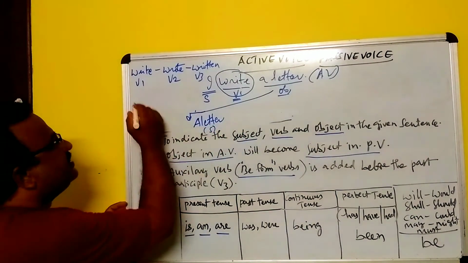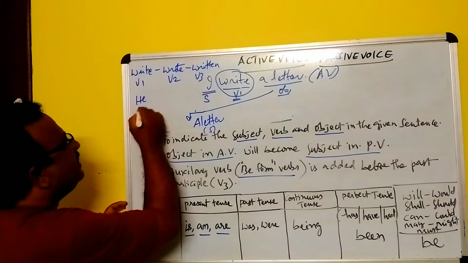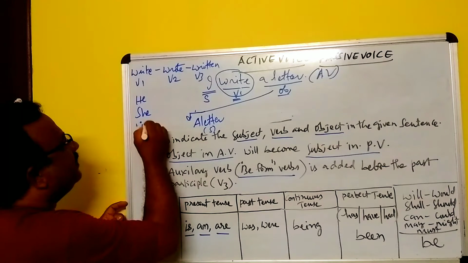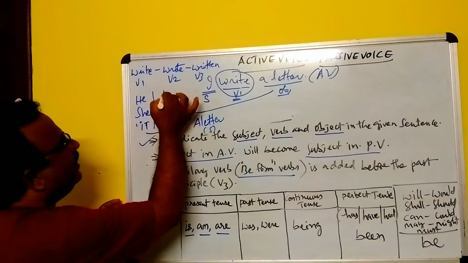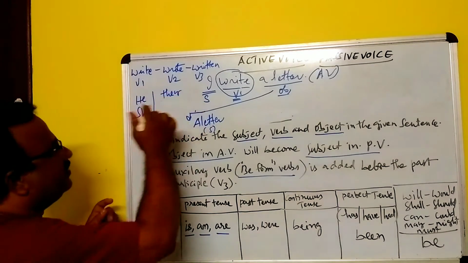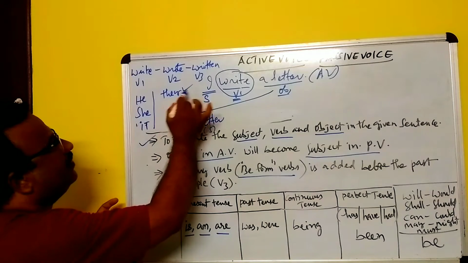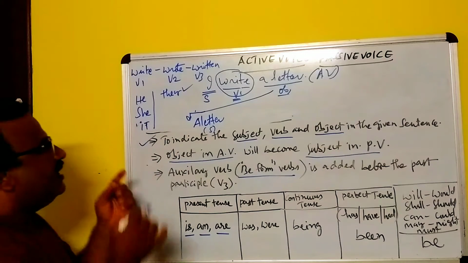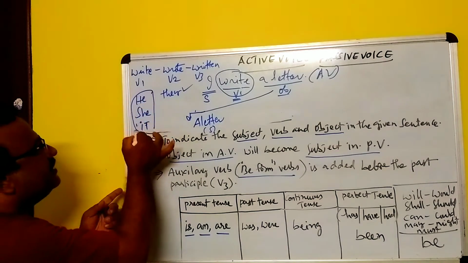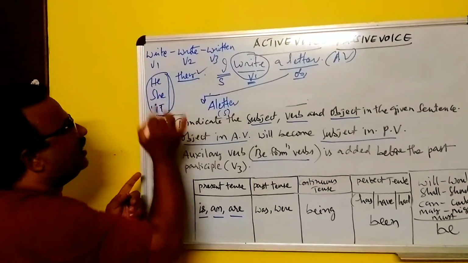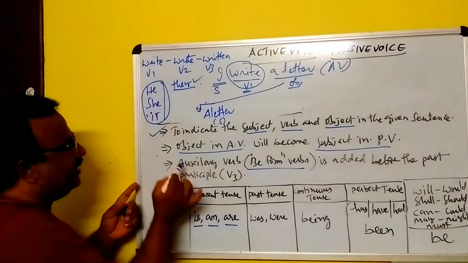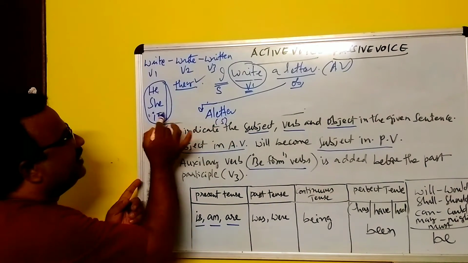What are the third person? He, she, it. They are third person singular. Plural, they. So here a letter means it.